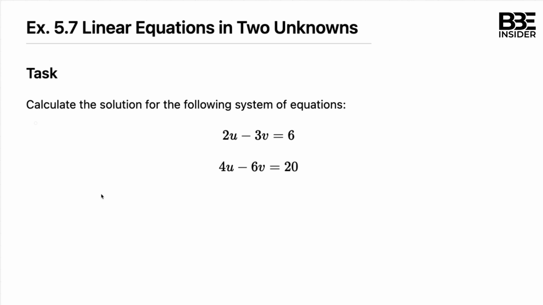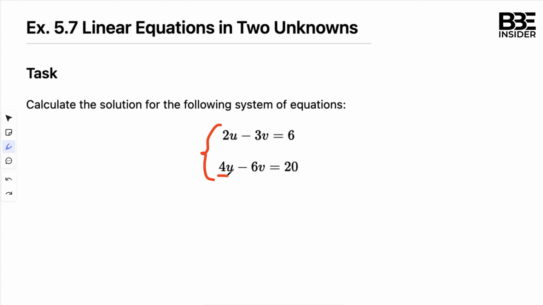In this example, we once again have to calculate the solution for the following system of equations. Now, we first of all start with the inspection method and try to determine which solution method is the easier way to go. What's your guess? Is it the substitution method or the elimination method?